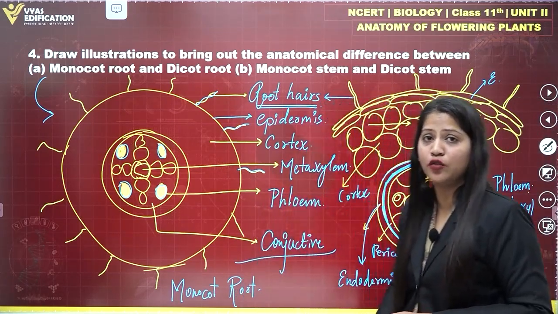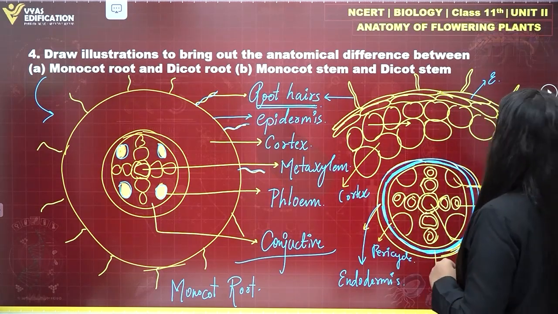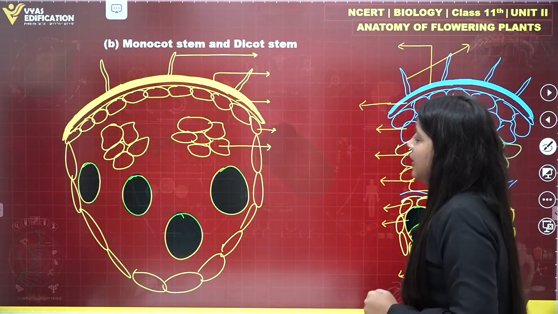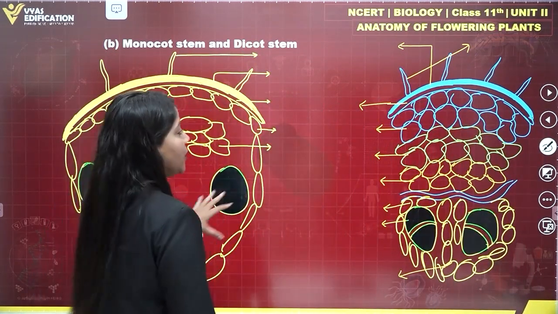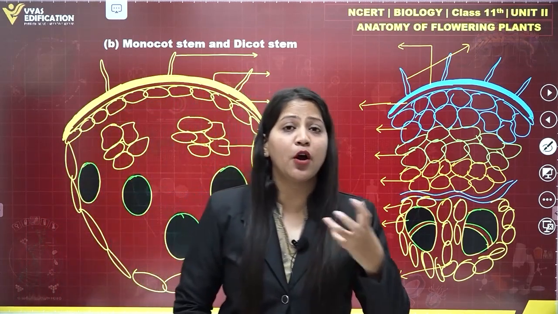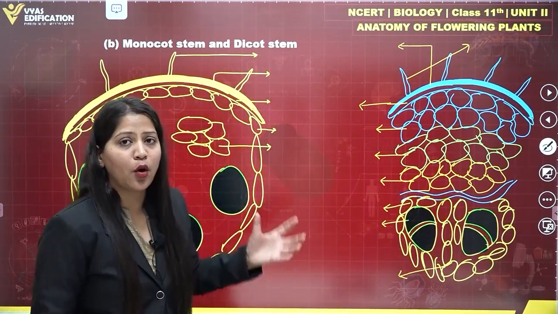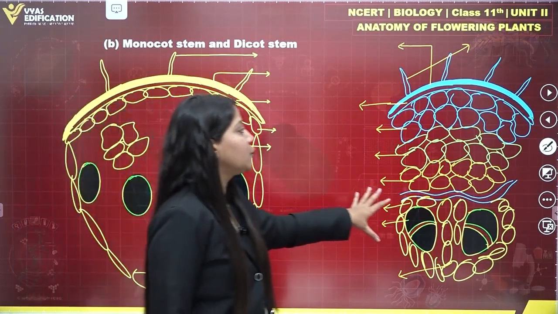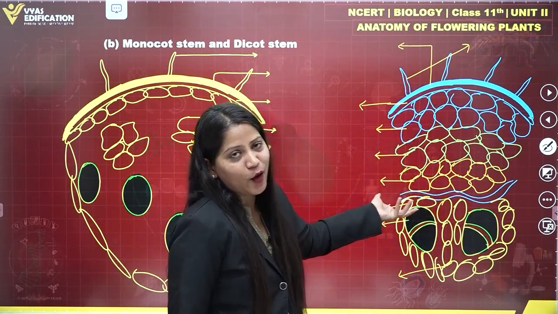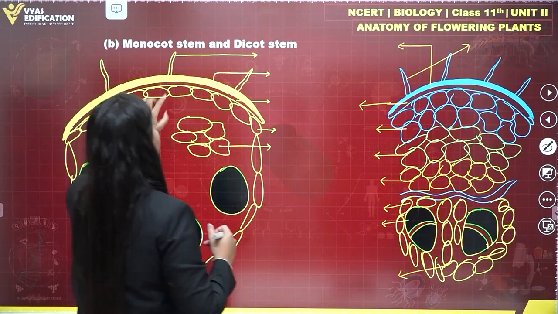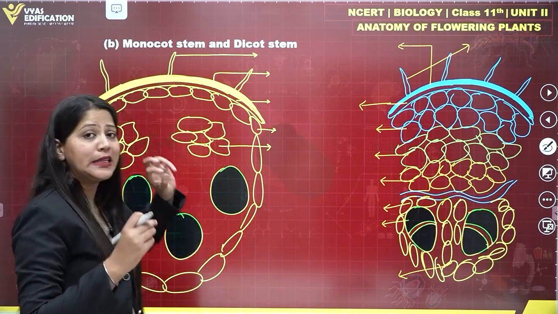Now we are moving on to the next diagram, which depicts monocot stem and dicot stem. Both diagrams are of the anatomy of stems. This one is representing the monocot stem and this one is representing the dicot stem. Let's try to label. First of all, here also you will find hair-like structures.